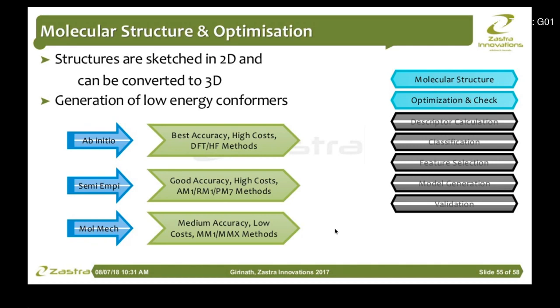Because when you come to 3D, there are quantum chemical descriptors and thermodynamic descriptors coming into the picture. When you go for 2D descriptors, it's more of topological or constitutional descriptors. So that's where the descriptor values will also be different.